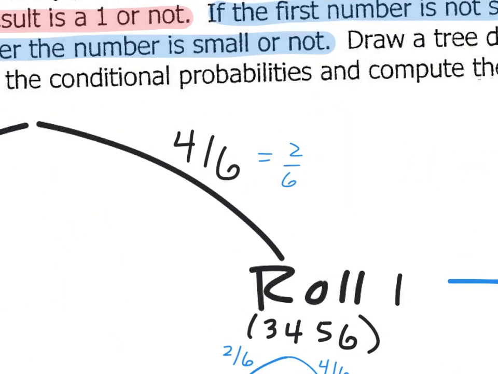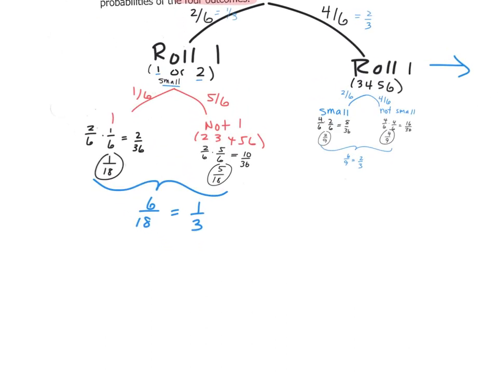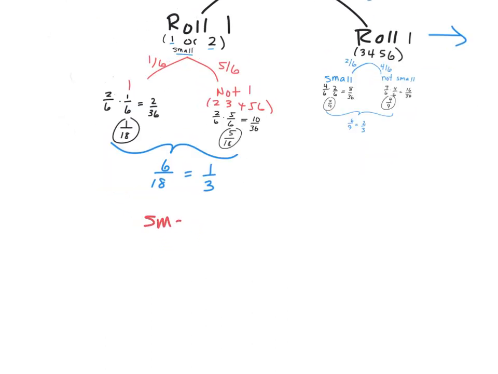Whoops, I accidentally wrote 6 there. Should be a 3. Also, don't forget that it says down here that there are only 4 outcomes, and that would either be small, small, and then a 1, or small, not 1.